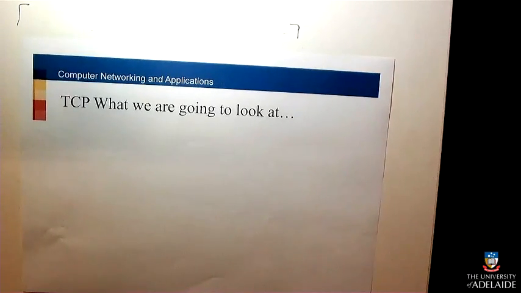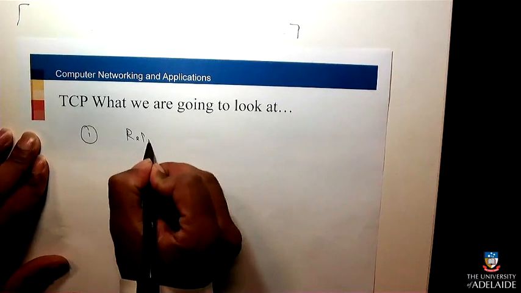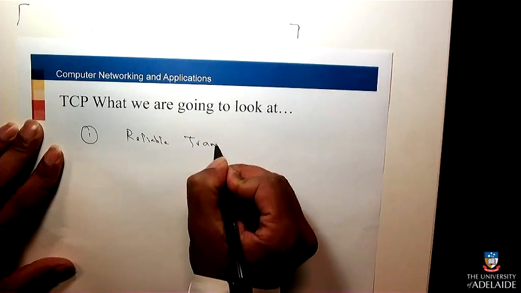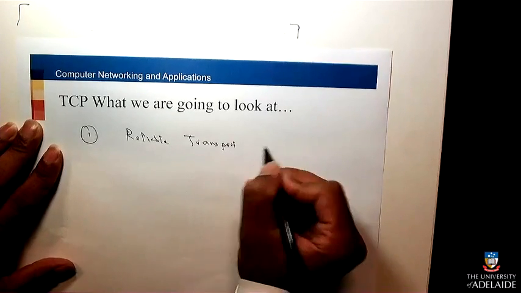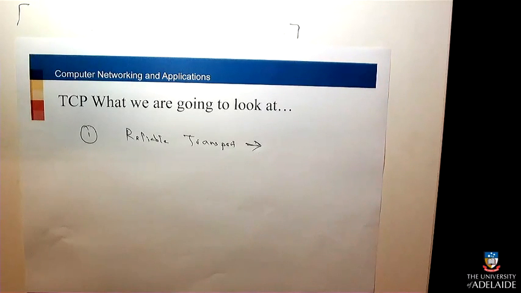So in terms of TCP, the stuff we're going to look at is, one, of course, reliable transport. So you know all the mechanisms of reliable transport now. TCP uses all of them. Actually, TCP uses a hybrid between Go-Back-N and selective repeat.